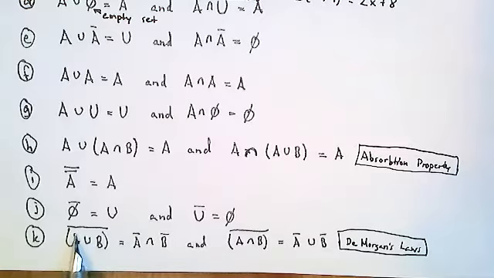Because you see, inside of my parentheses, I have a union, and on top of it, I've drawn a complement. And in order to distribute this complement into the parentheses, I put a complement on each of the sets. So A gets a complement and B gets a complement, but I have to flip the direction of the symbol.